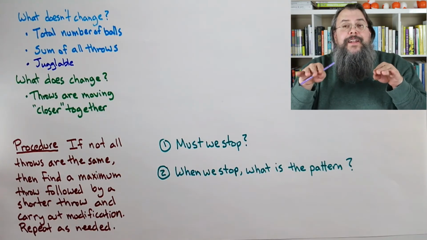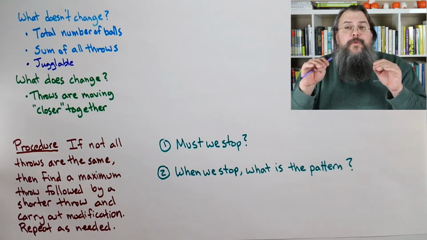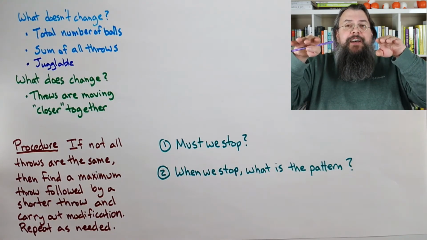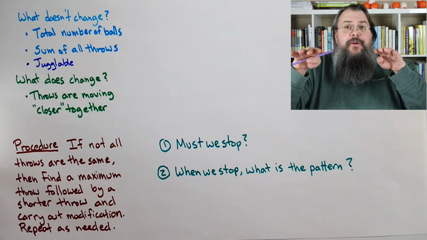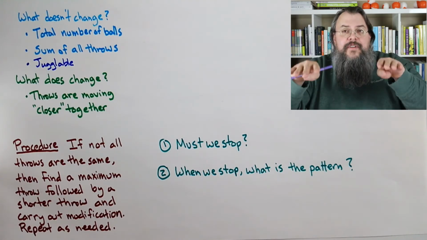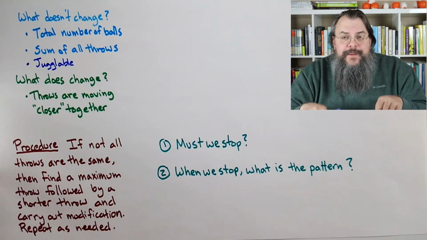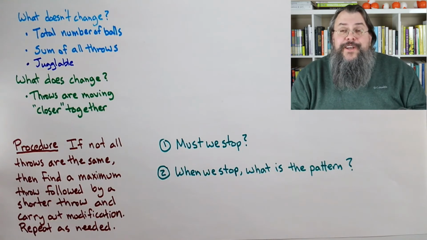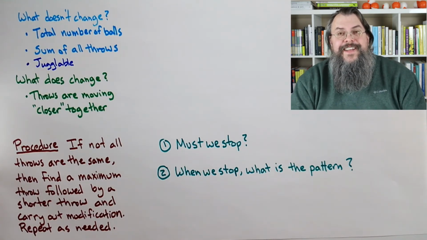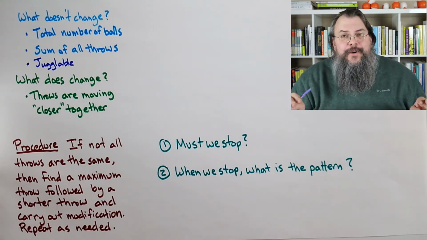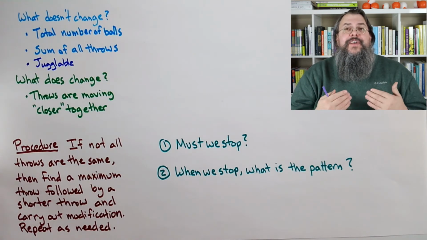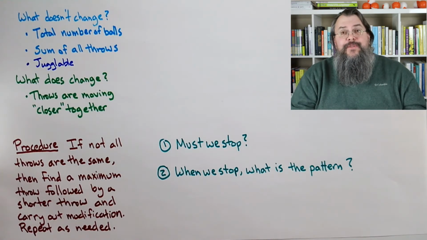And now we say, well, what does that mean? It means that if we were to keep going forever and ever, the maximum height would have to go down infinitely often, which means eventually we'd have to go negative. And you can't go negative. One of our basic assumptions is that we don't allow negative throws.